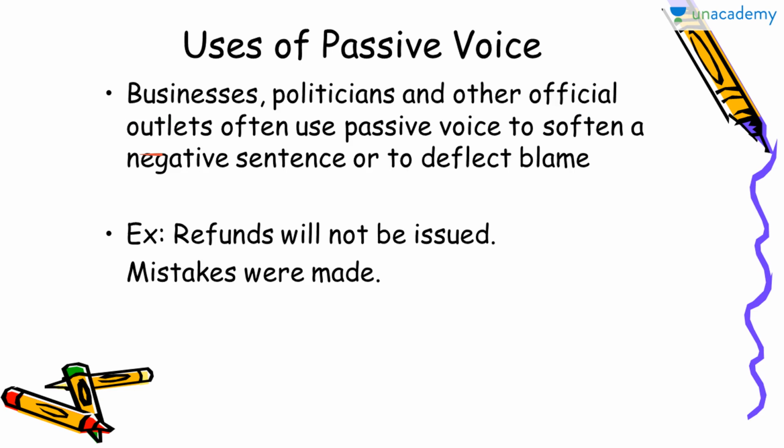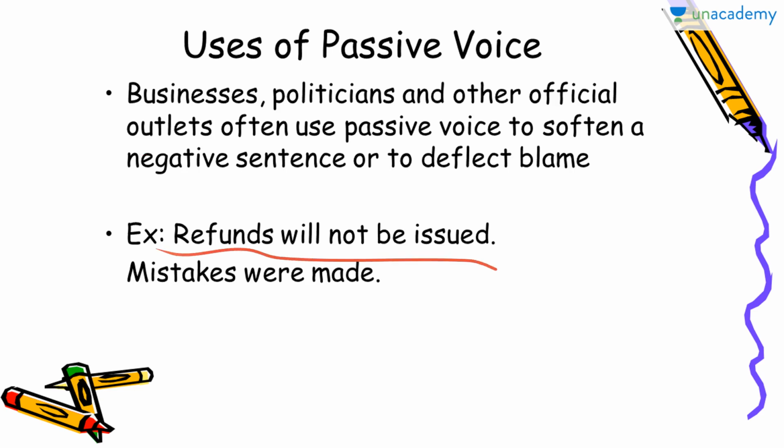When something bad happens, there are ways that you tell or disclose what has happened. So in such a case, when we want to tell it in a softer, kinder manner, so that it should not hurt other people or become a reason for panic, we tend to use passive voice. For example, refunds will not be issued.